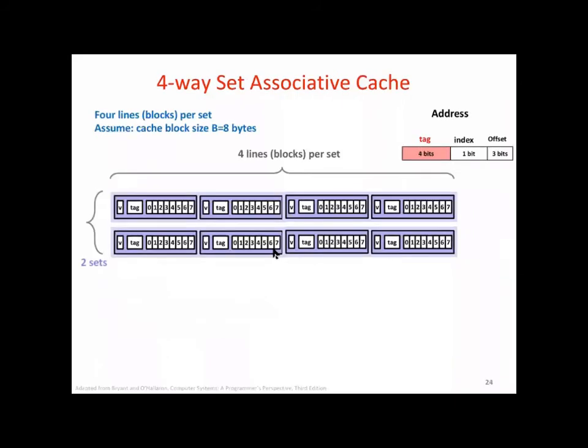So it will look something like this. We'll first use the index, only 1 bit, to find out which of the 2 sets it will point to, and then all these tags will be compared with this tag that's coming from the CPU.